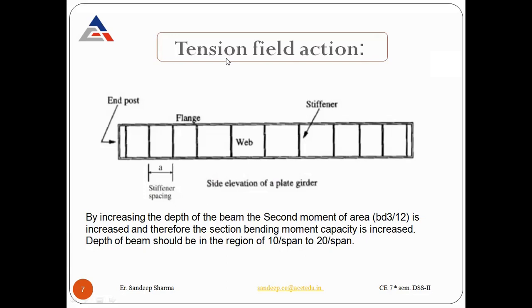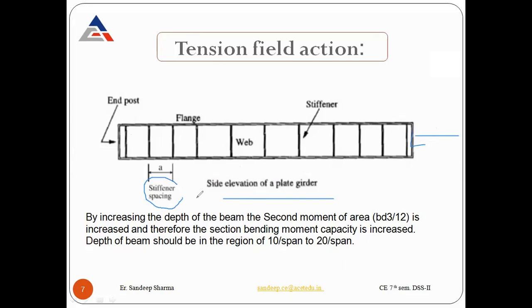Here you can see the side elevation of the plate girder and the stiffener spacing. This is the longitudinal stiffener which we have provided. This is the end post we have, and the flange and beam section.